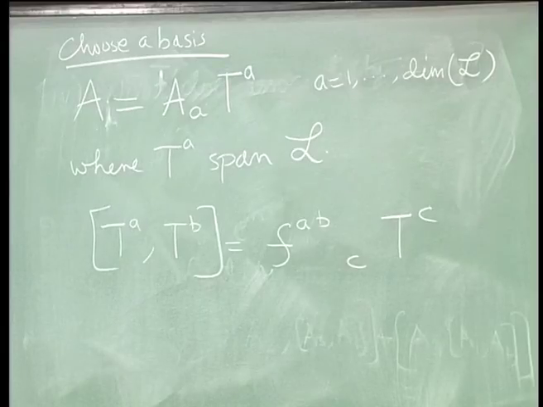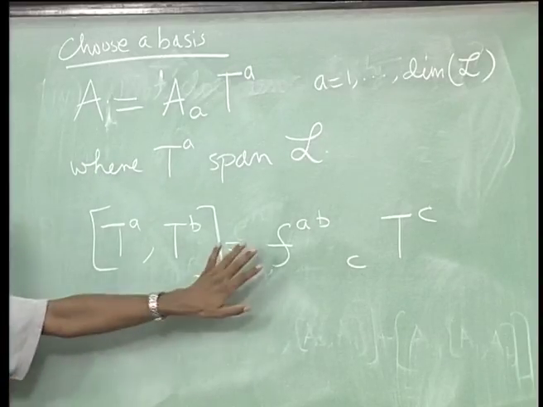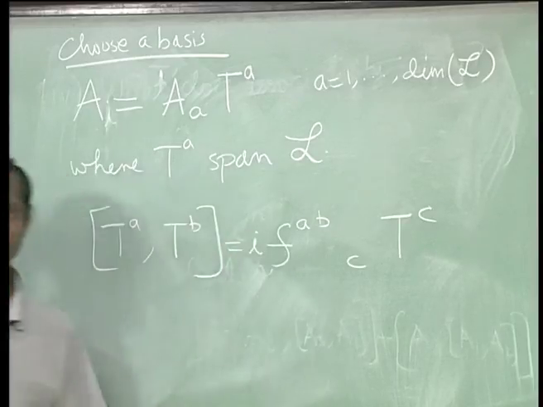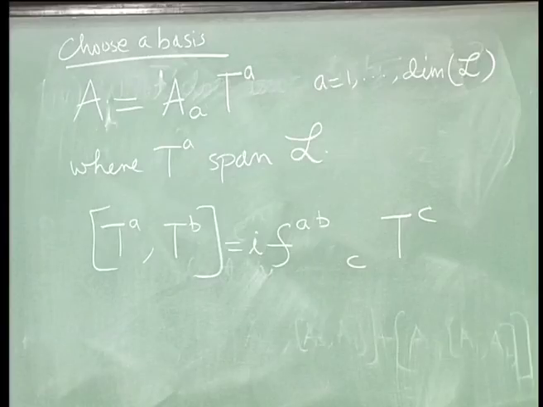Now there is an essential distinction between physics literature and math literature. In the math literature you do not put anything out here; in the physics literature we put an i. These F^{ABC} have all the data of the Lie algebra.